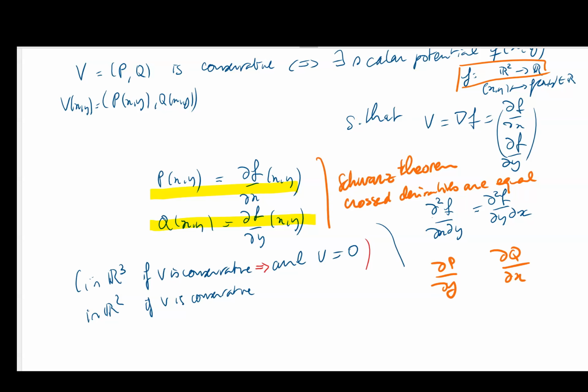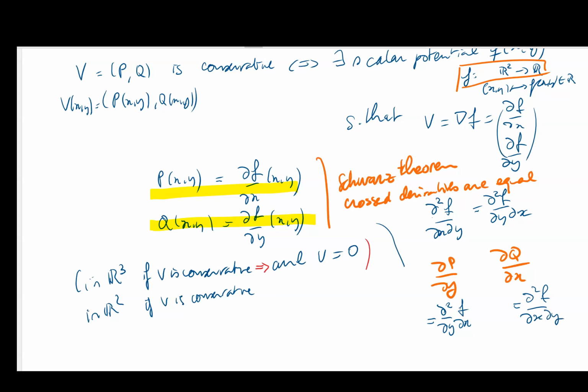If p is conservative, again, only under that assumption, dp over dy is going to be d over dy of df over dx, so that's d2f dy dx, and dq over dx is very similarly d over dx of df over dy, so d2f dx dy.